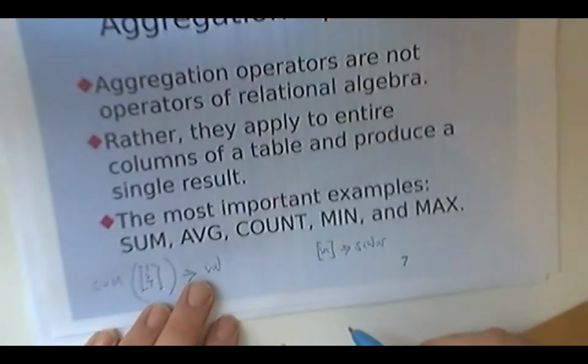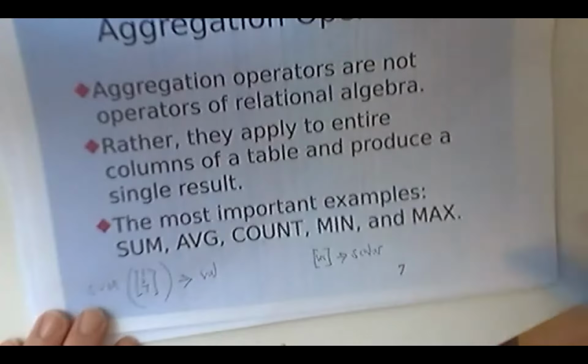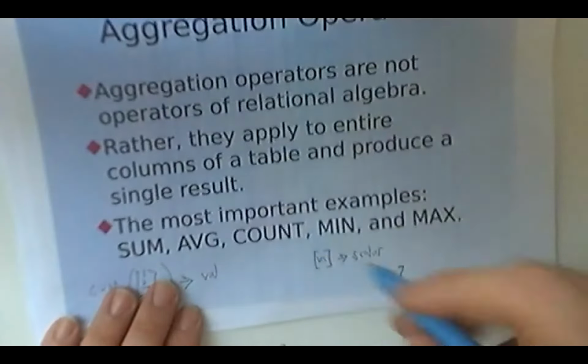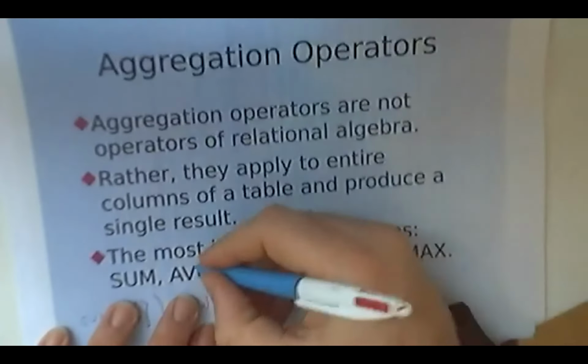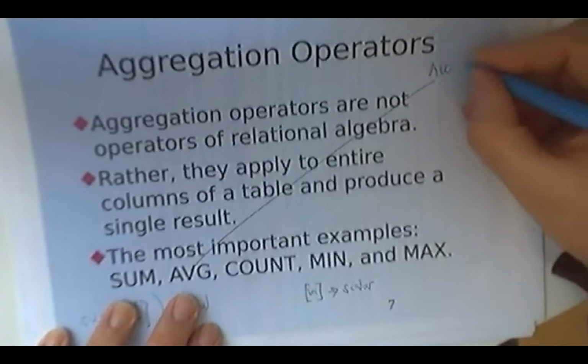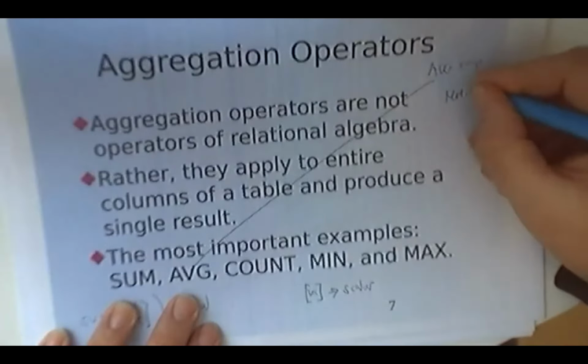Are there other ones that you could have? Sure. But unfortunately a lot of times they don't include them, so you have to cook them up yourself, like median. This is for everybody to know: please compare average and median.